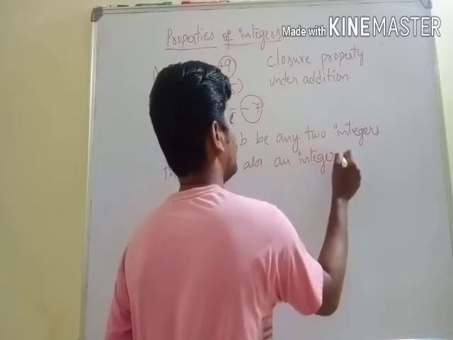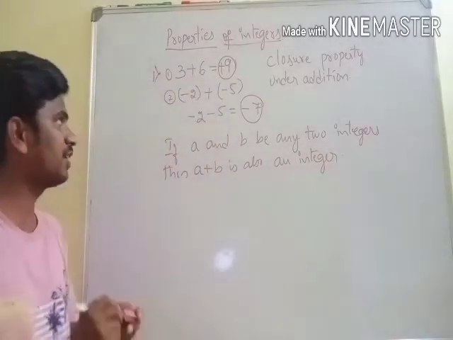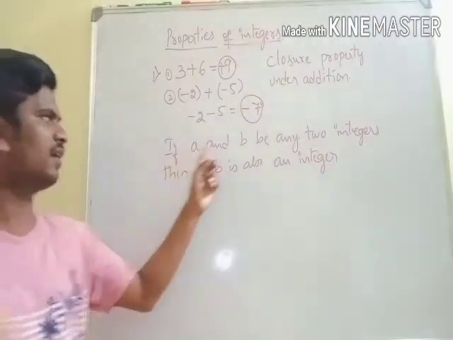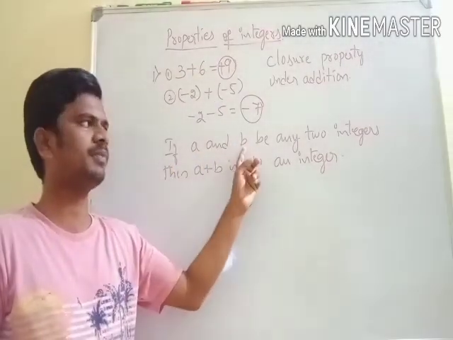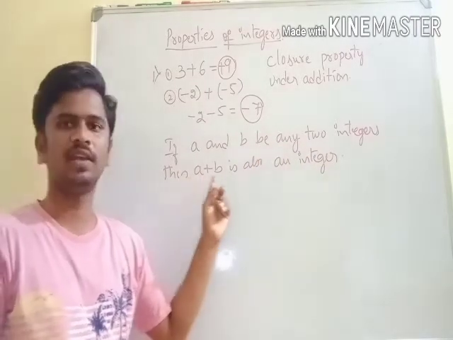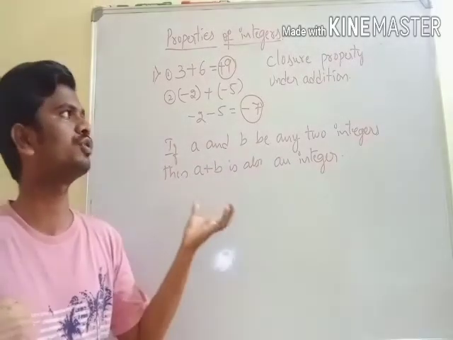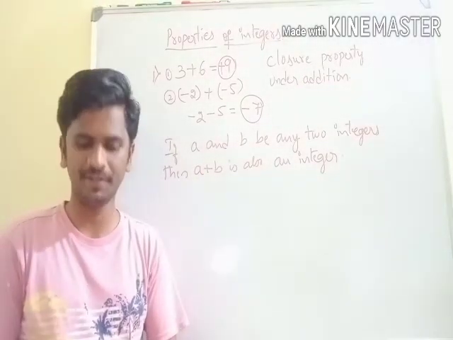Is it correct? Because here we have considered two integers, and their sum is also an integer. In the same manner, if a and b are any two integers, then a plus b is also an integer. This is called closure property under addition.